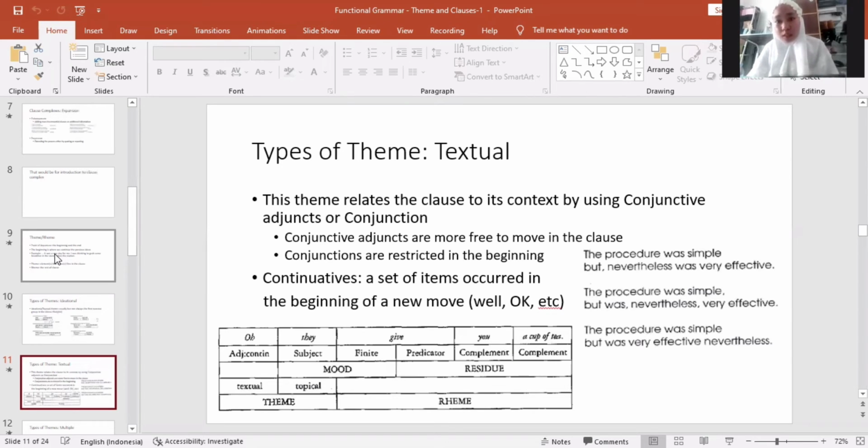They is subject, give is finite and predicator, you is complement, and a cup of tea is complement. So the mood is they and give, subject and finite, and you a cup of tea is residue. Oh is textual, and they is topical in the theme. And give you a cup of tea is Rheme. Next slide.